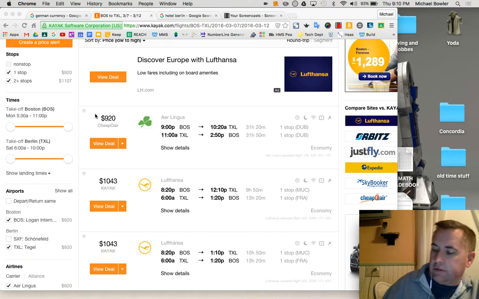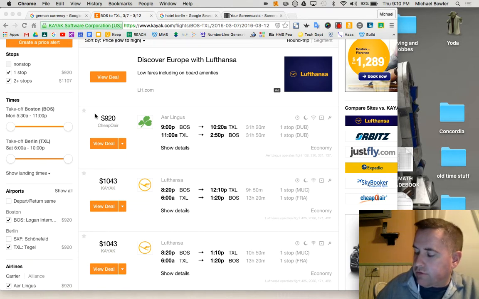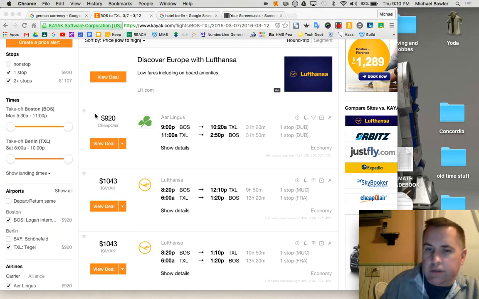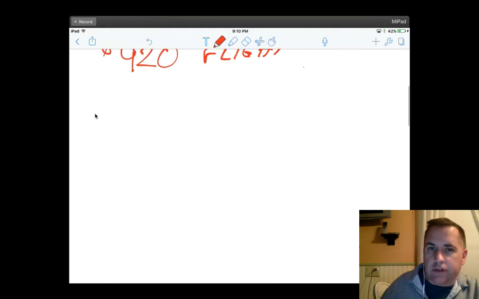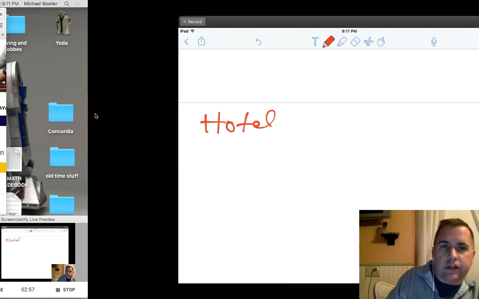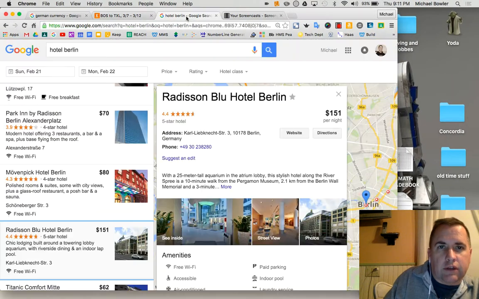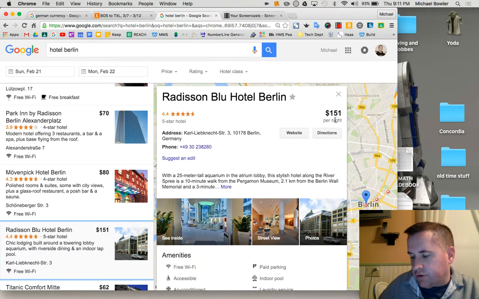And then the other information that I had mentioned is we're going to want our hotel. Okay, so our flight, $920, and our hotel. I did a Google search and found the Radisson Blu, which offers $151 per night.